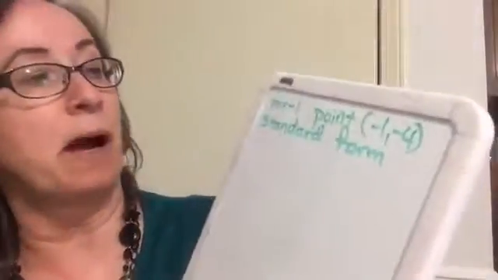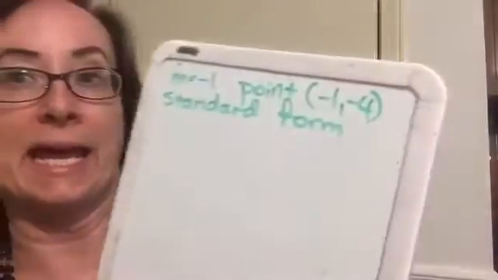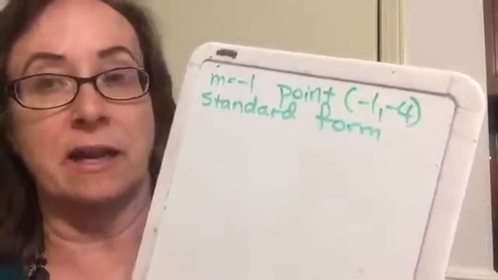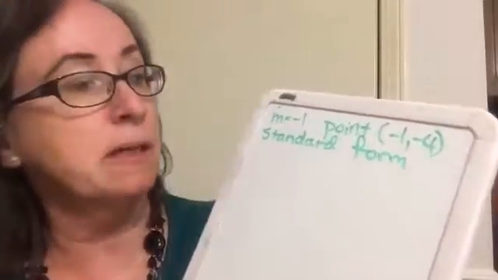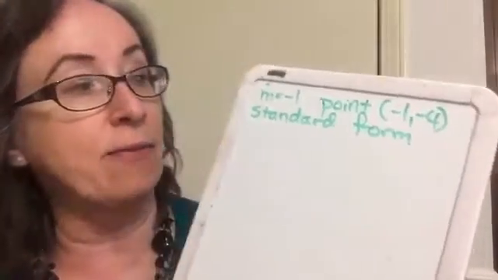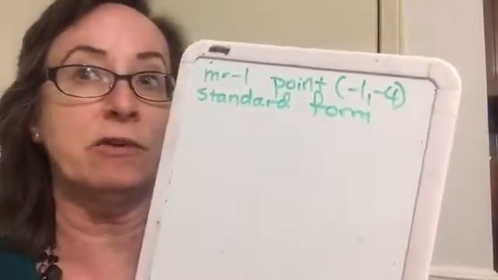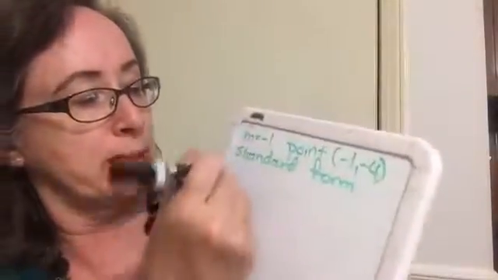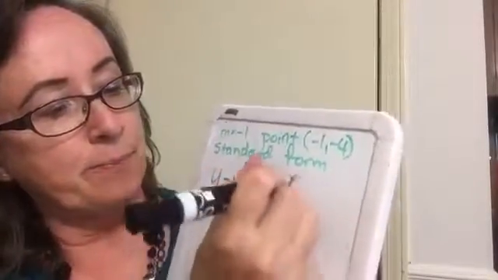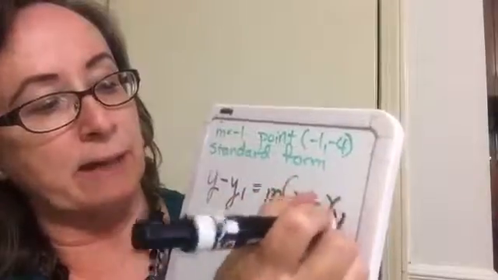Okay, here's our 4th problem, and we are given a slope and a point that is not the y-intercept. So we're going to use the point-slope form of the line, and then we need to turn it into standard form. So remember, your point-slope form is y minus y1 equals m times x minus x1.